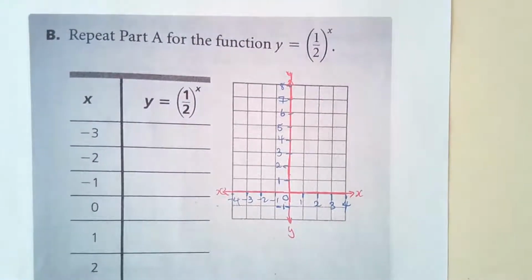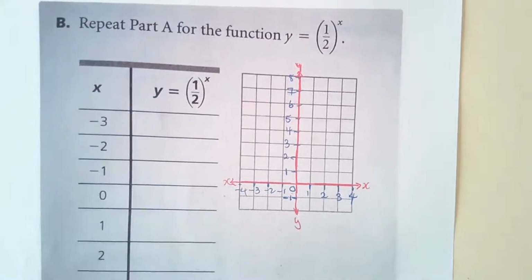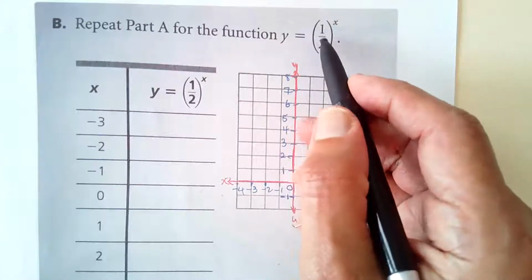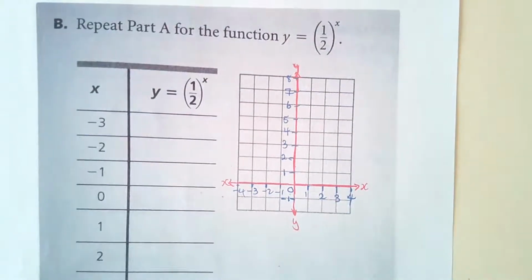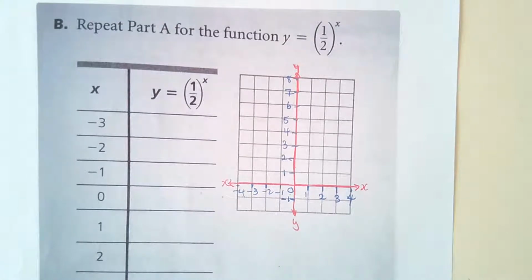We'll repeat what we did in the previous part B, but now we have y is equal to (1/2) to the power x. It's not an integer, but a rational number.